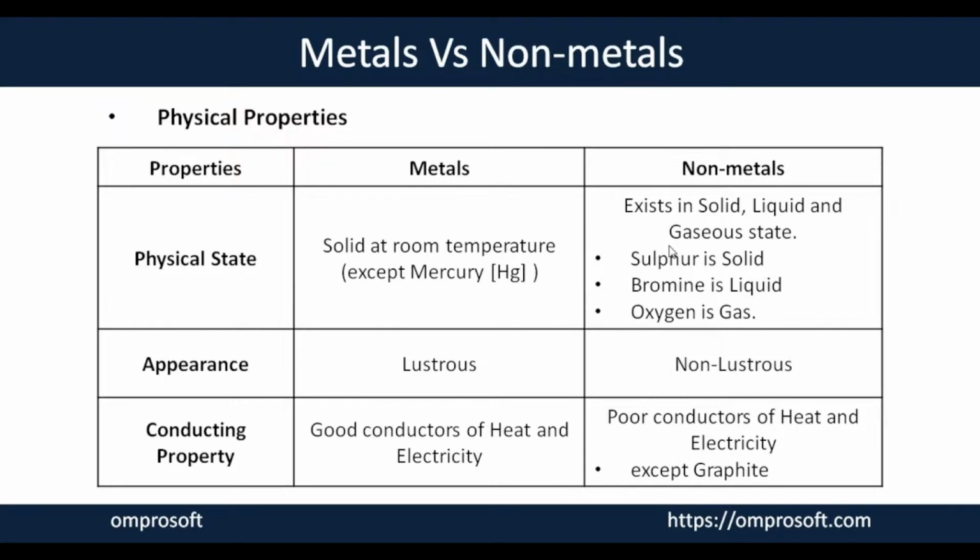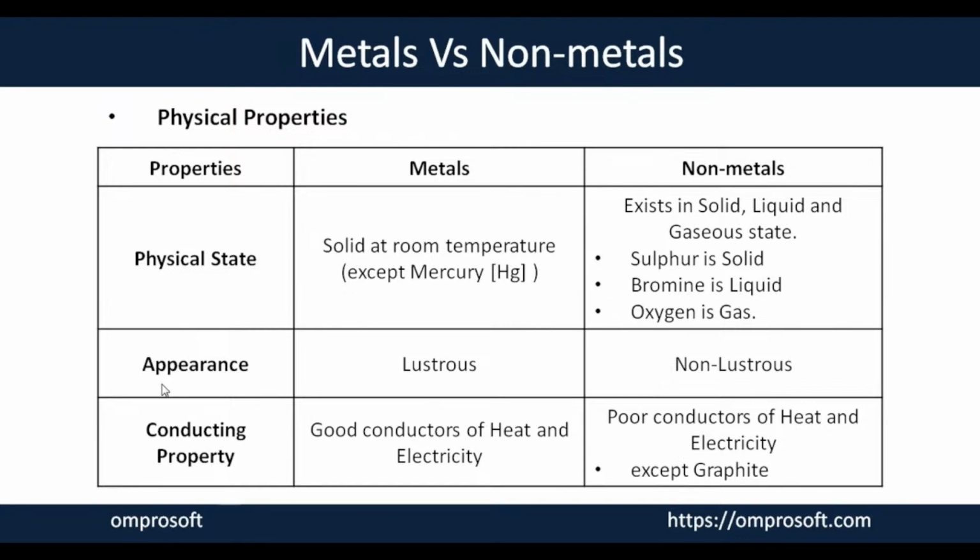Some non-metals like sulfur and selenium are solid. Bromine is liquid, and oxygen, nitrogen, and hydrogen are gases. So we can say metals are generally solid, and non-metals may be solid, liquid, or gaseous.